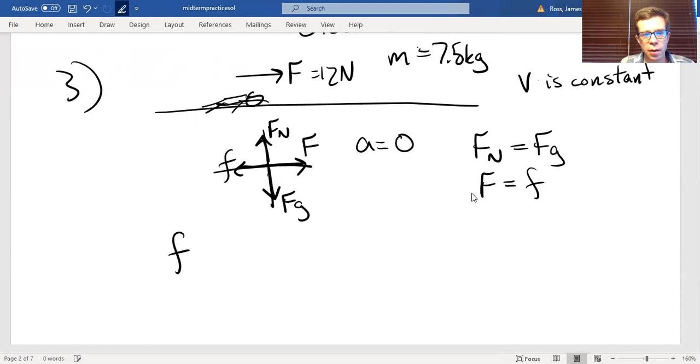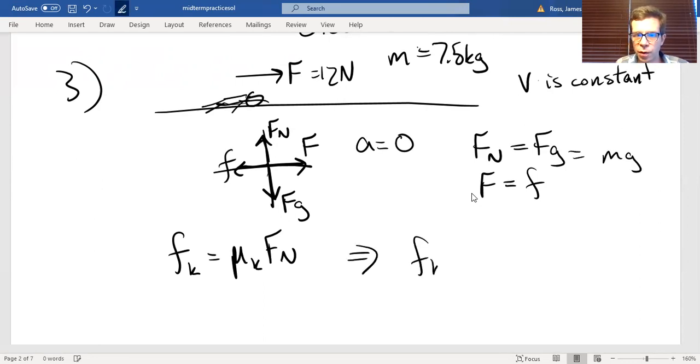We know that the kinetic friction is equal to mu times the normal force. And we just said that the normal force is equal to the gravity in this case, which is mg. So friction equal to mu mg.